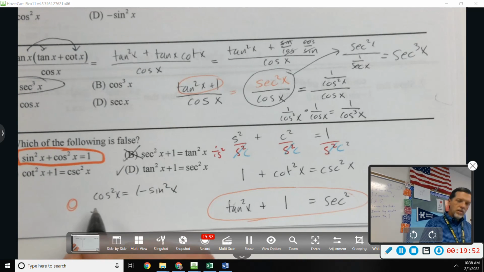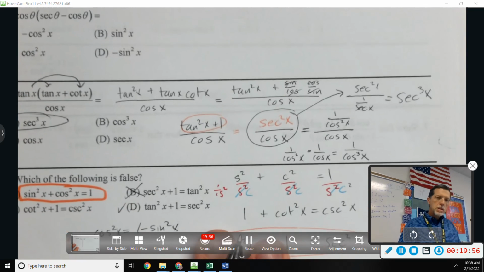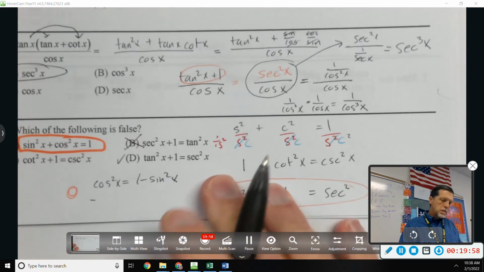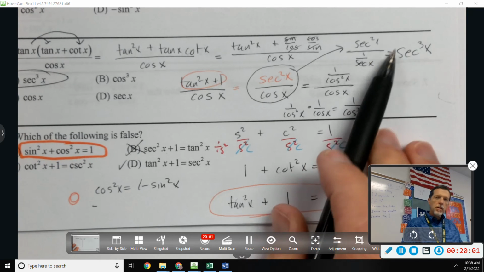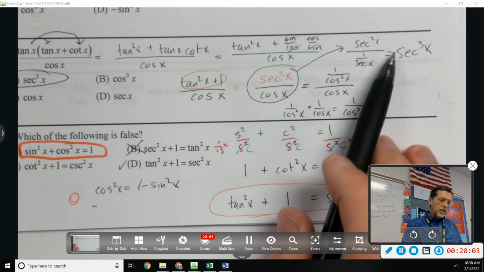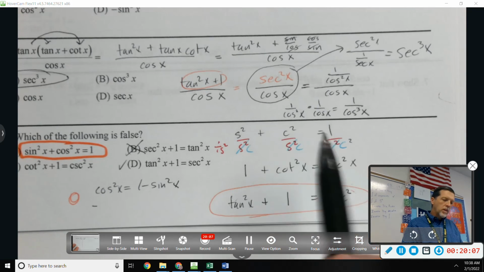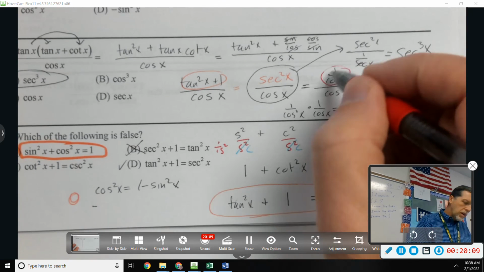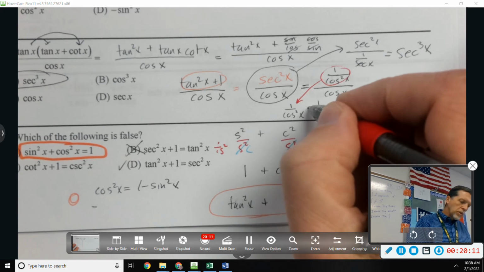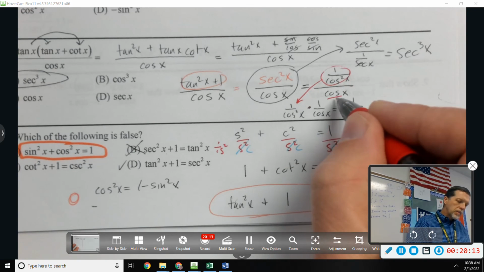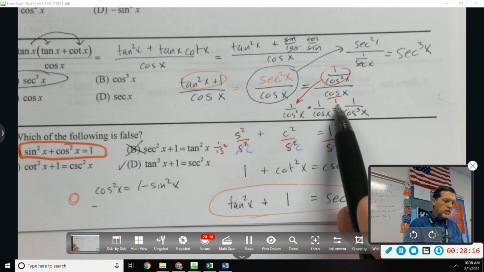I thought in the top one, I thought it would be 3. Right here, just like in the 1 over cosine squared, this one. Yeah. So we keep the top, we change the multiplication, and we flip the bottom. The bottom's cosine over 1, so we flip it to 1 over cosine.